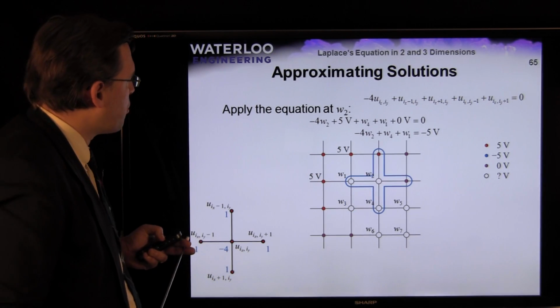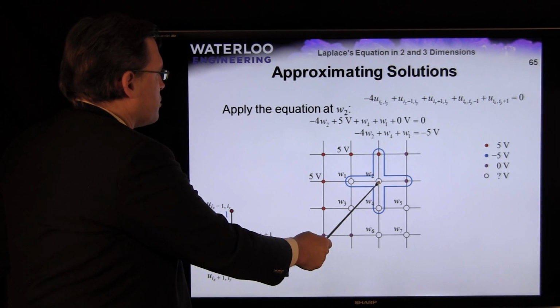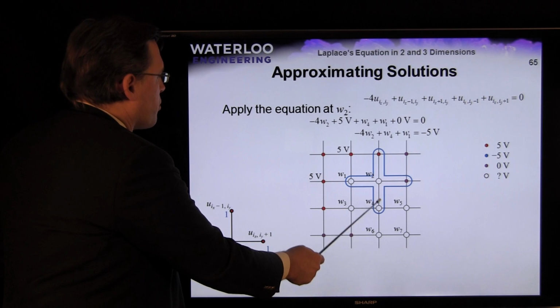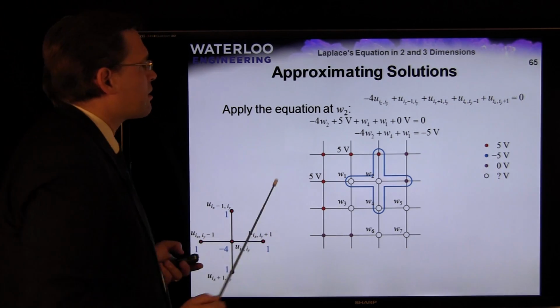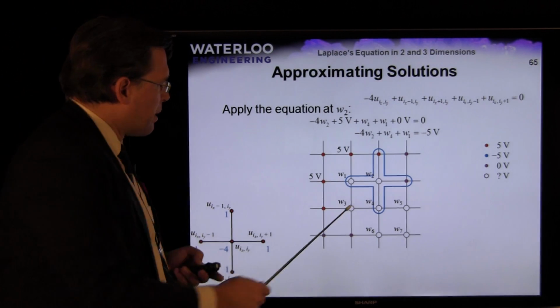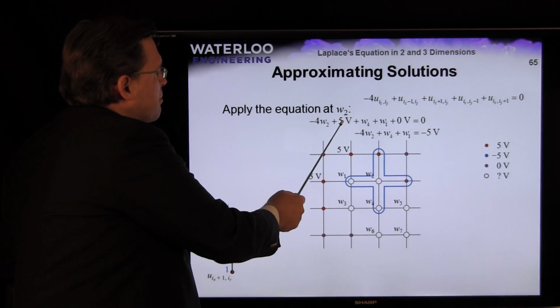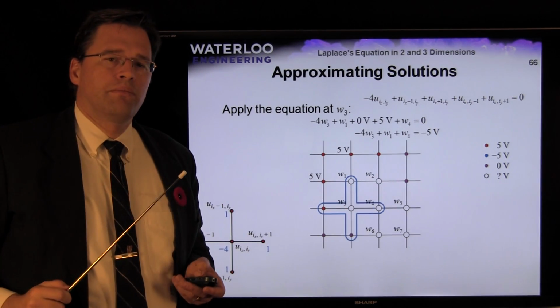Taking a look at the second point here, what do we have? We have negative 4 times W2 plus 5 volts plus W4 plus W1 plus, this is 0 volts here. So this boundary value is 0 volts, this boundary value is 5 volts, and so we can bring the 5 volts over, and now we get a second equation.